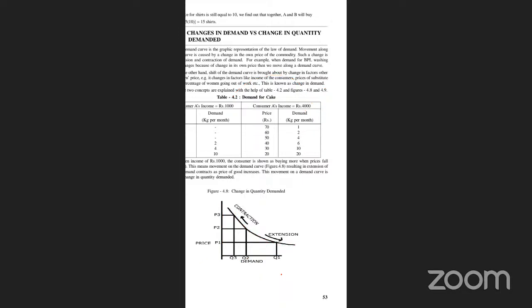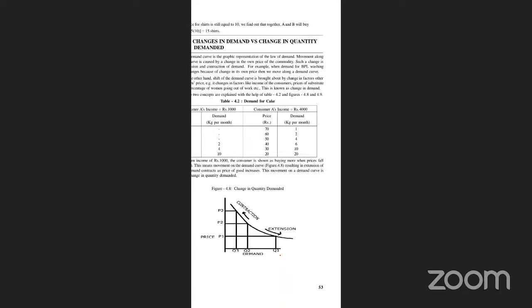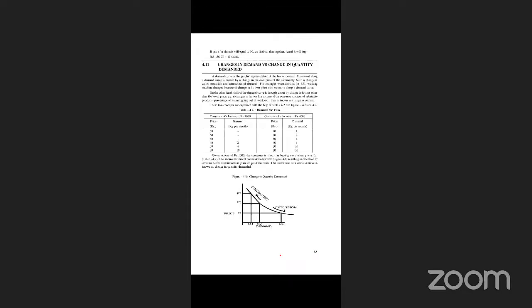Okay. I want you all to do this table. Make a note of 4.2 and 4.8 table and graph in your notebooks. Followed by, we have 4.9 graph, which is change in quantity demand.